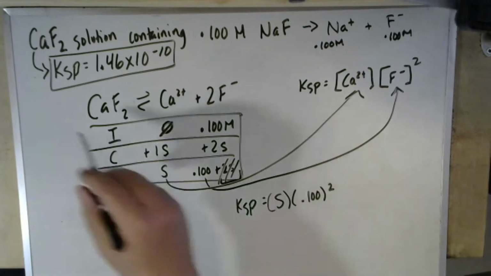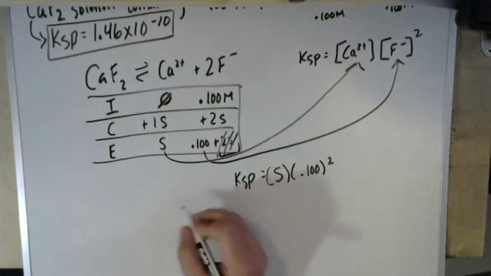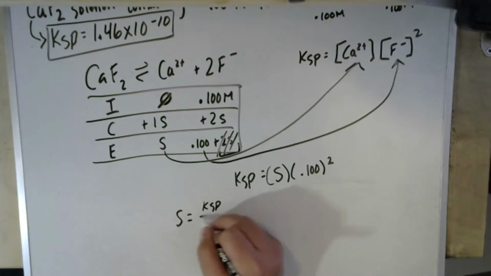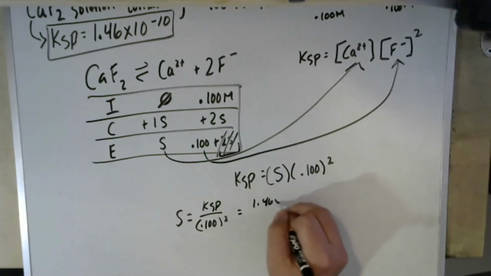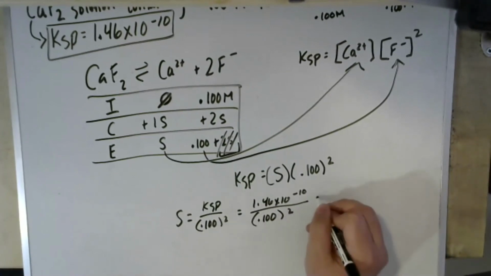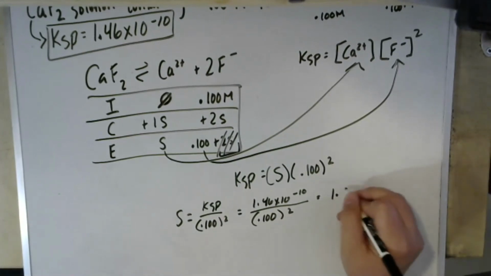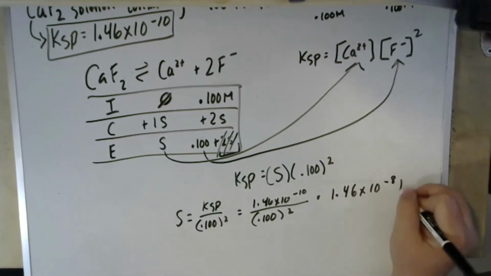Okay, so now we can plug this in and we can solve for S. We can write it out that S is going to be equal to KSP over 0.100 squared, and that's going to equal 1.46 times 10 to the negative 8.